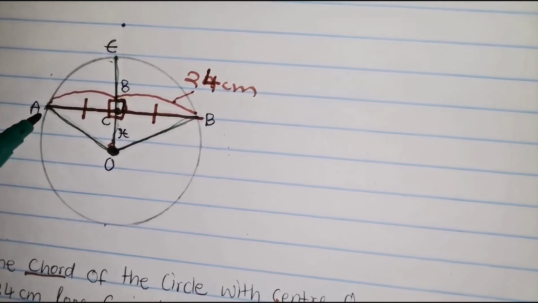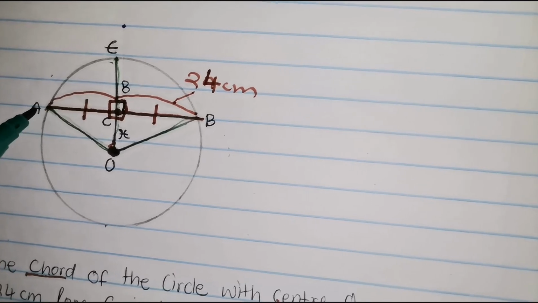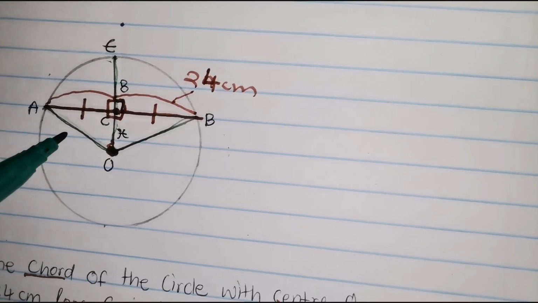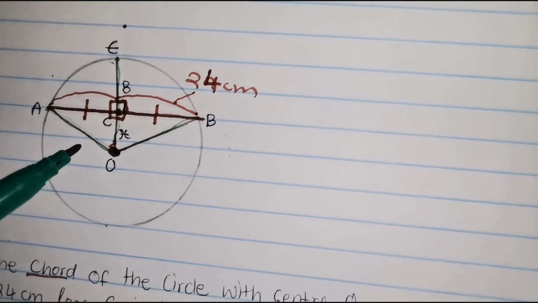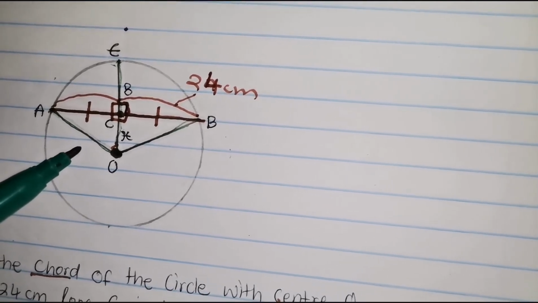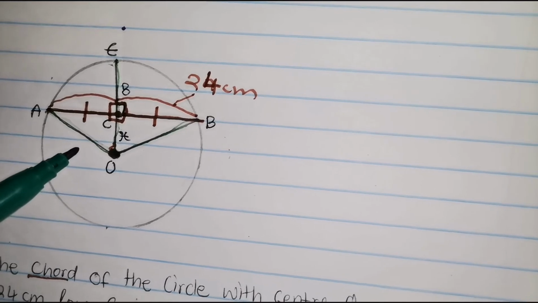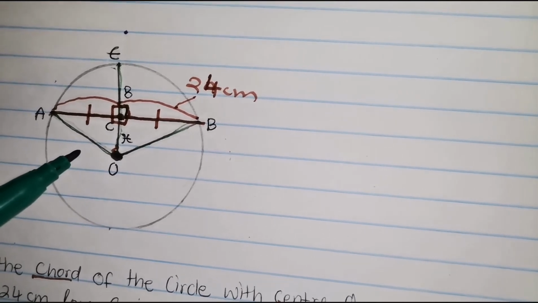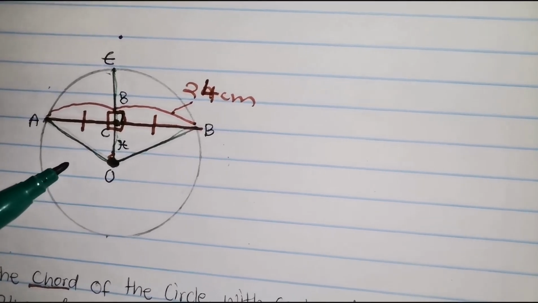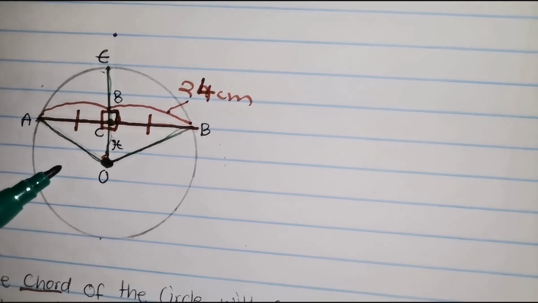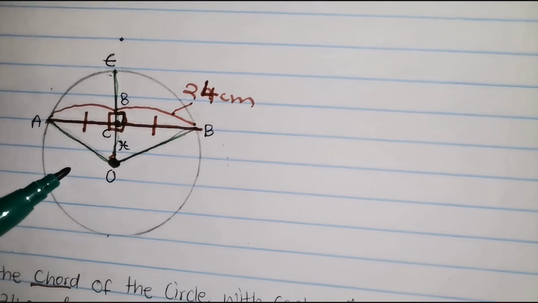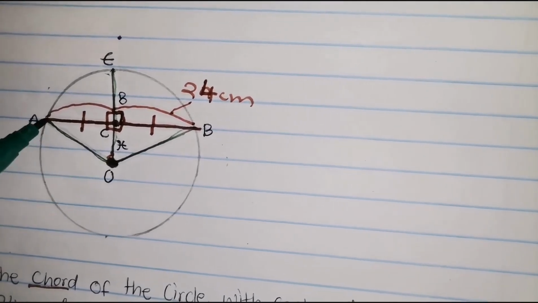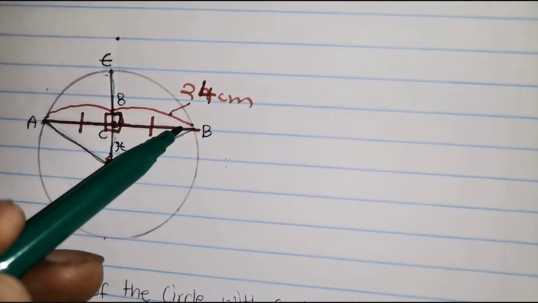If it is more than one line, we call them radii. Singular, radius. Plural, radii. So AO plays the same role as OB.